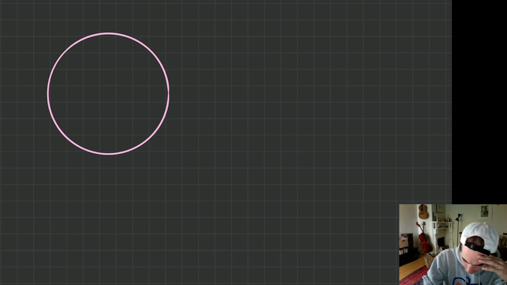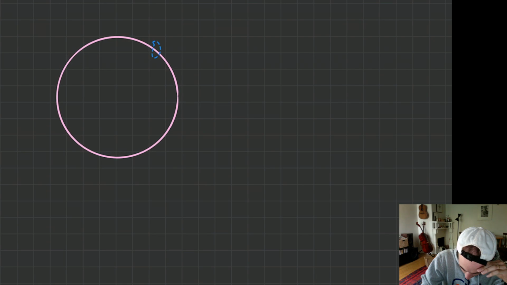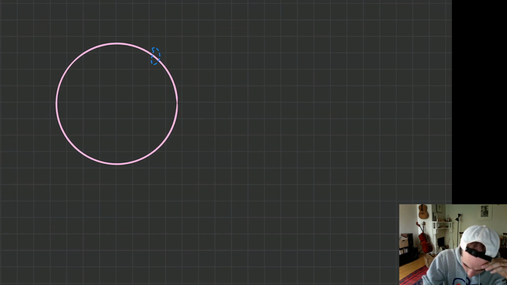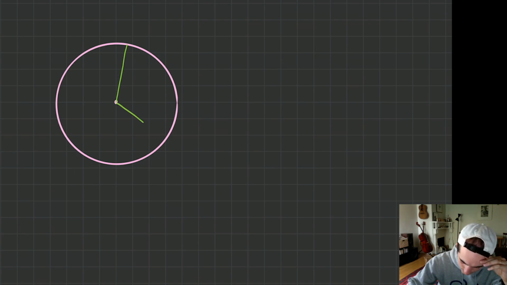Okay, so let me just center this properly. That looks good. And then here is my center. So I've got a circle, and what I'm going to do is throw a triangle inside this circle.